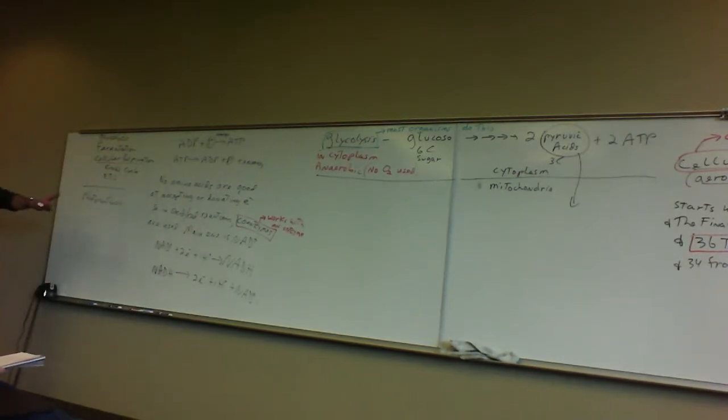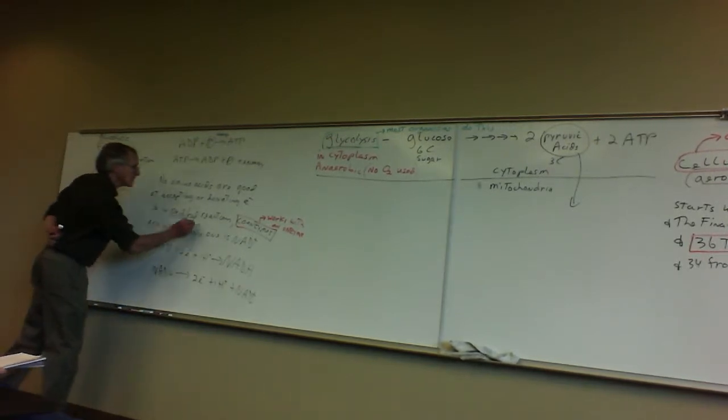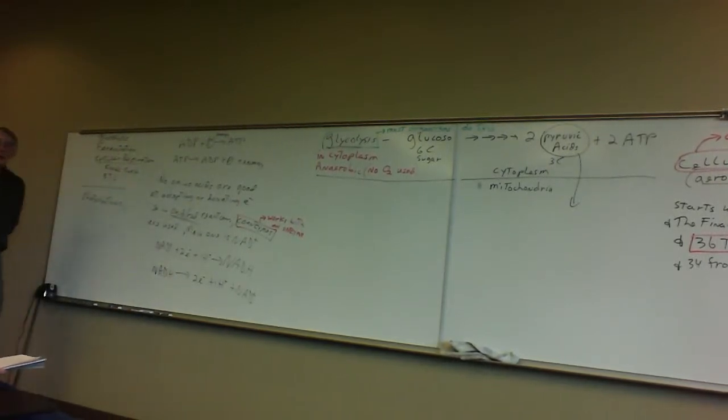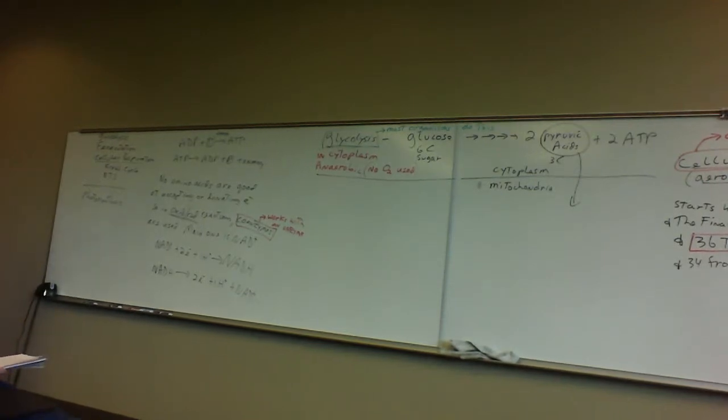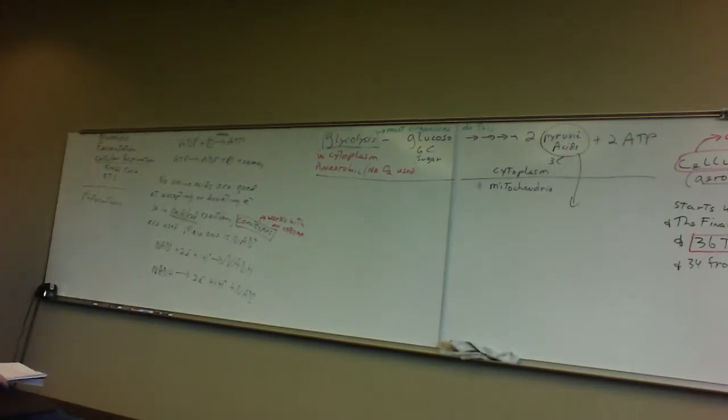Alright, so oxidation and reduction reactions. We're not going to get into all the details of this, other than the loss of electrons and all that. But I did use the word when I was talking about fermentation, and I said that CO2 is the most oxidized form of carbon.